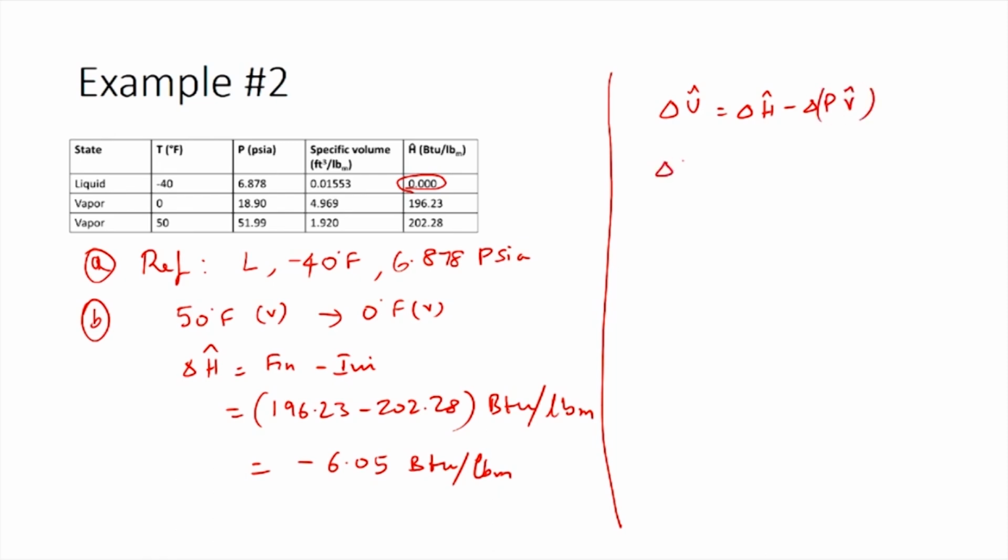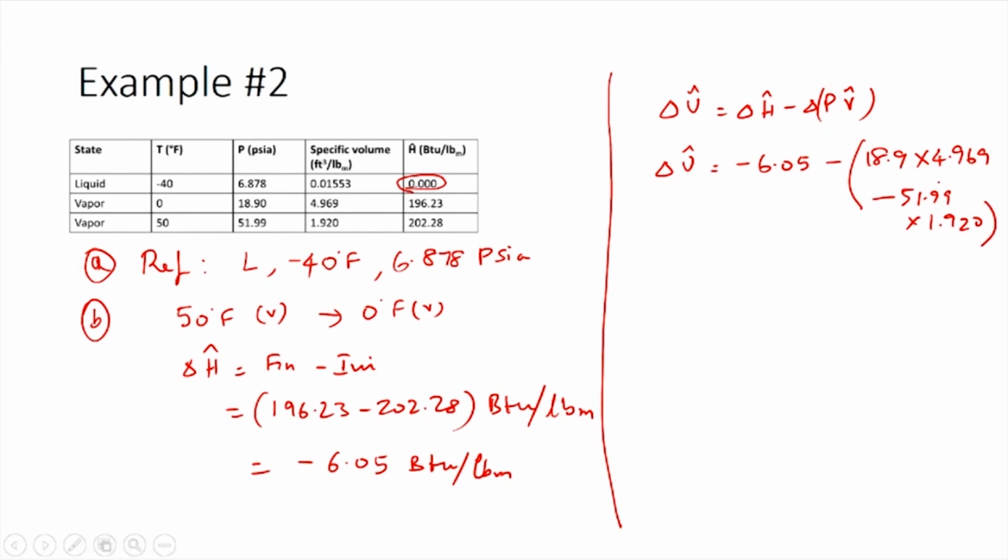So, using this, let us calculate delta U cap as minus 6.05, which is the value for delta H cap which we calculated, minus the PV cap value for the final condition, which would be 18.9 times 4.969, minus the initial value, which would be 51.99 times 1.920.